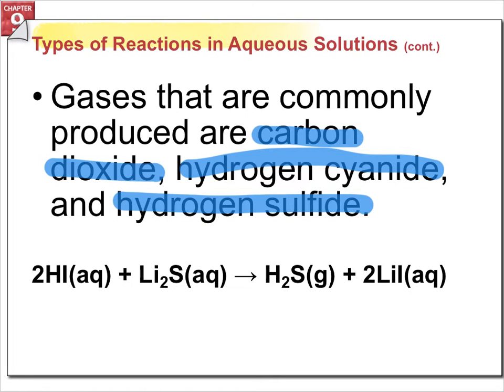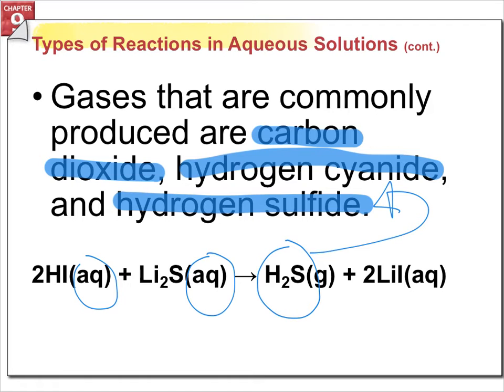In this example, we have 2HI in an aqueous solution plus lithium sulfide, again aqueous solution, and we end up producing hydrogen sulfide, or hydrosulfuric acid. This is a gas. So remember, there are 3 things that can be formed in a double replacement reaction in water: either more water, gas, or precipitate.